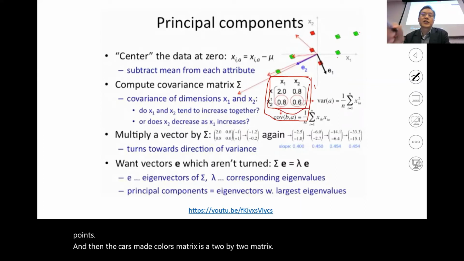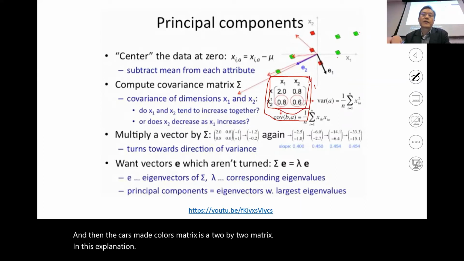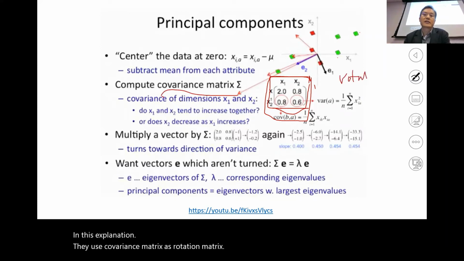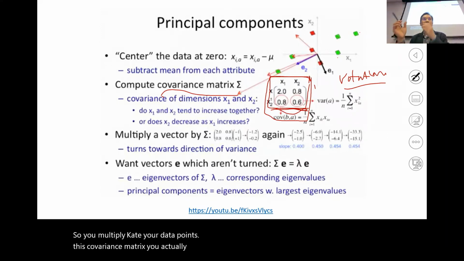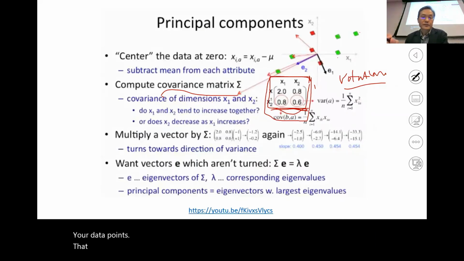In this explanation, they use the covariance matrix as a rotation matrix. So you multiply your data points by this covariance matrix, and you actually rotate your data points. The result of this rotation, let me see the next page.